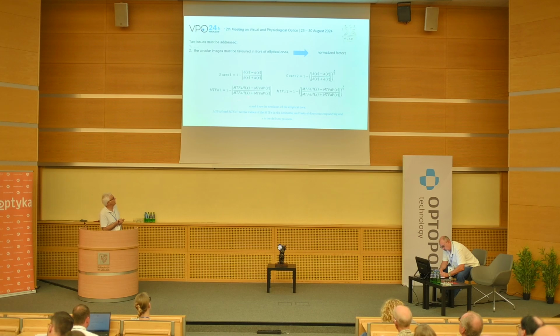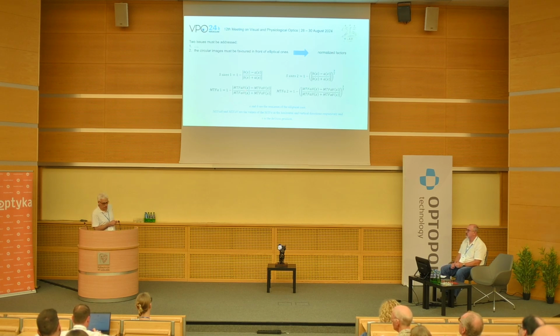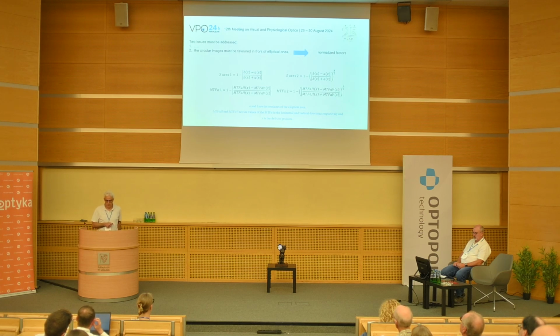The same goes for MTF-A, the area under the MTF, in the horizontal and the vertical directions. We can make an indicator similar to that, and the same indicator can be used with an exponent in this part of the equation.